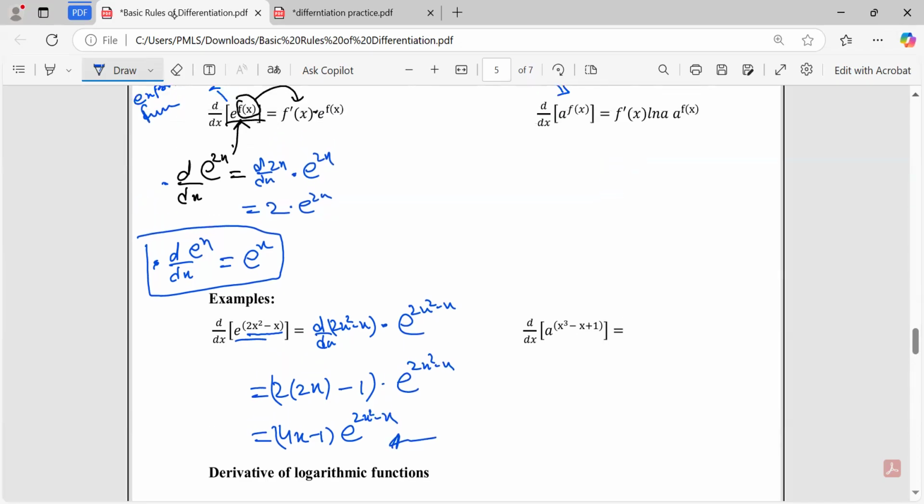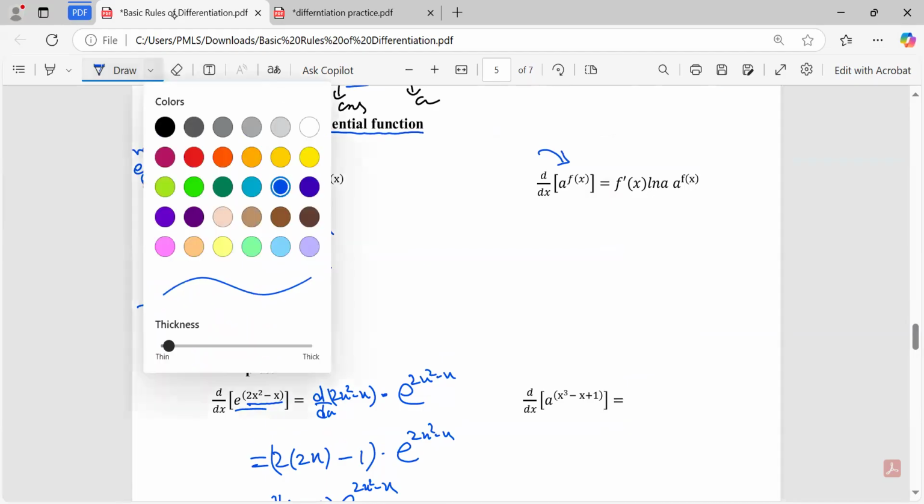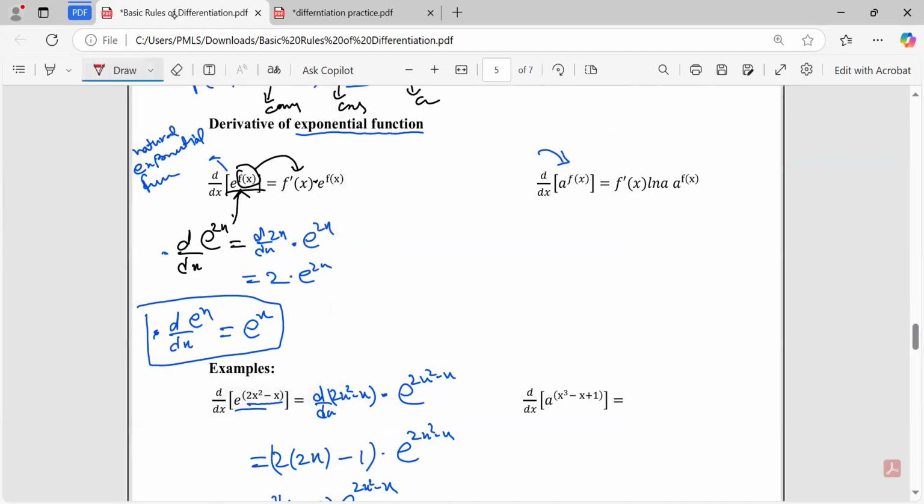In the same way, if you have a base other than e, what will we do in this case? Again the same rule, with just one thing added: ln a, so f prime of x times ln of a times a raised to power f of x.